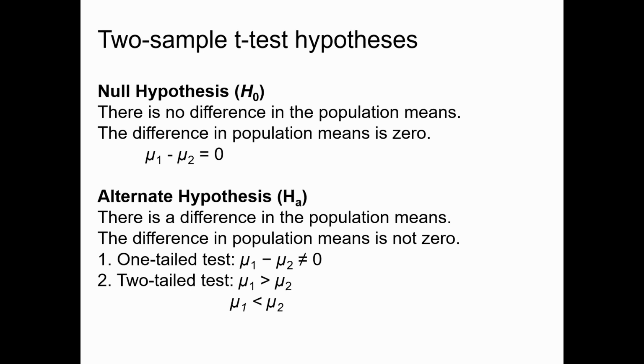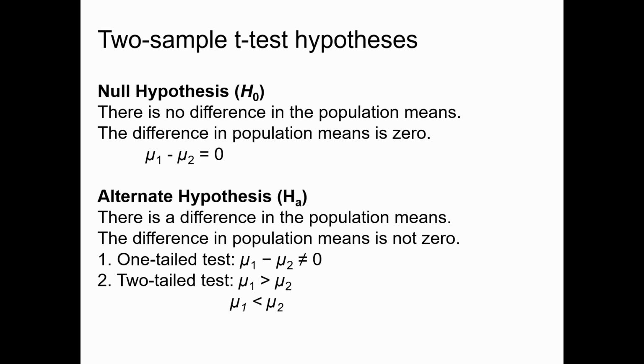The 2-sample t-test hypotheses are pretty simple, but there are a couple of variations to pay attention to. The null hypothesis is really straightforward. You can state it in a few different ways. These are just 3 different ways of saying the same thing.